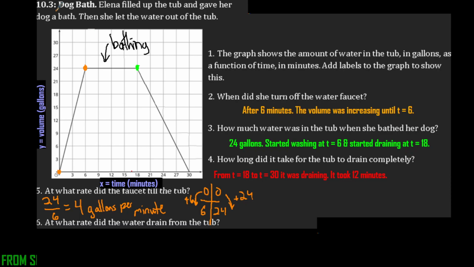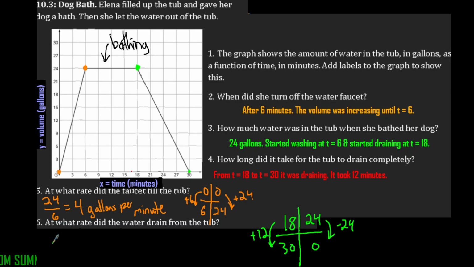Then same idea on this left side, it says at what rate did the water drain out of the tub. So I'm going to go from this point 18,24 to the point 30,0. So let's draw this table. I'm going to say from 18,24 to 30,0. Well, I subtracted 24 to get to my next point, and I added 12 to get to my next point on the x-axis.